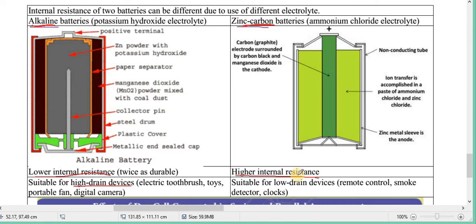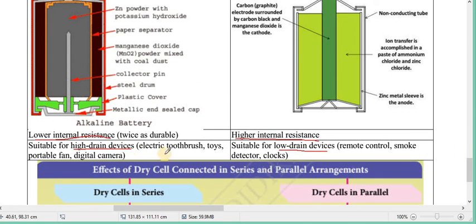Zinc carbon battery is suitable for low drain devices: remote control, smoke detector, clock. You can see the difference between the high drain device and the low drain device, right? The high drain device, like an electric toothbrush, you turn on, and it moves very fast, wow, a lot of energy. It rotates very fast.